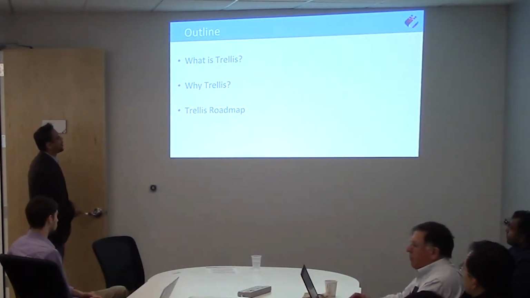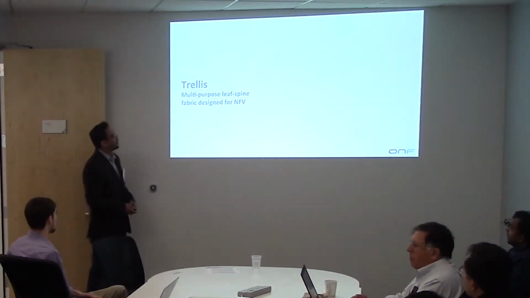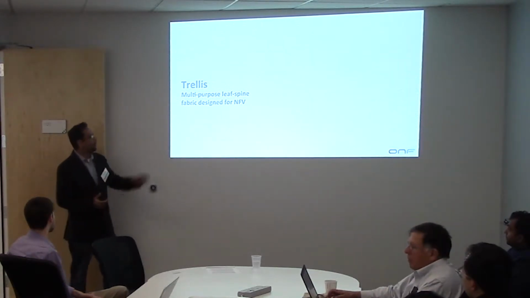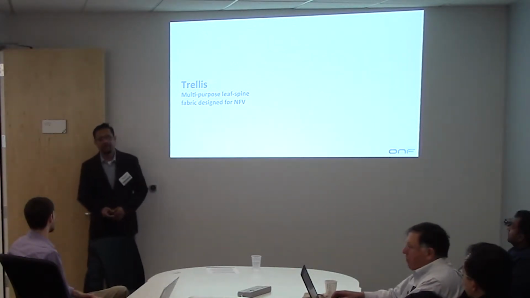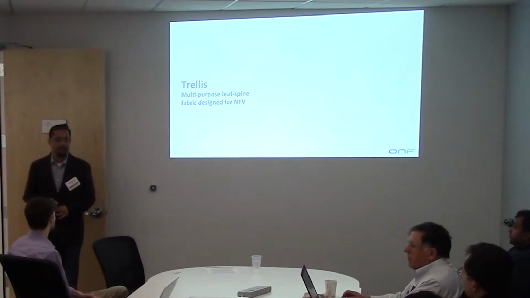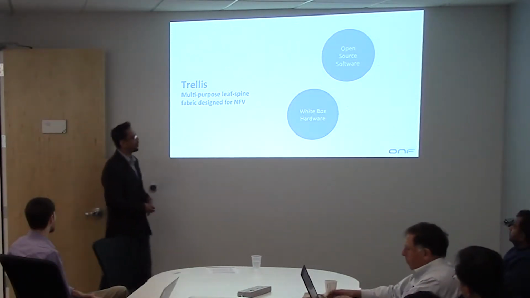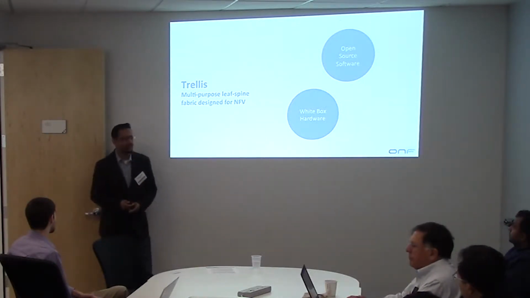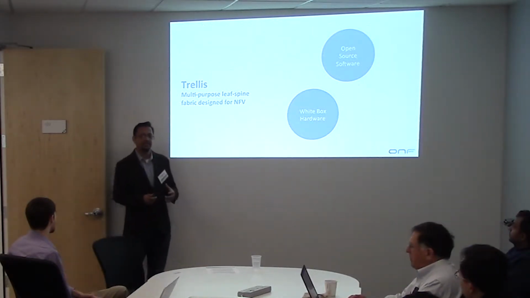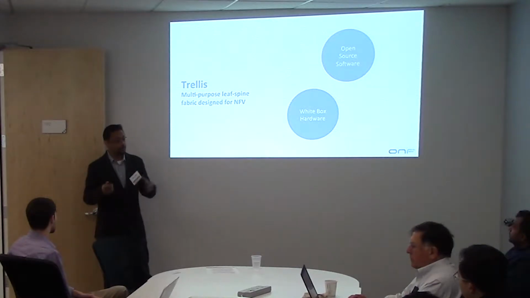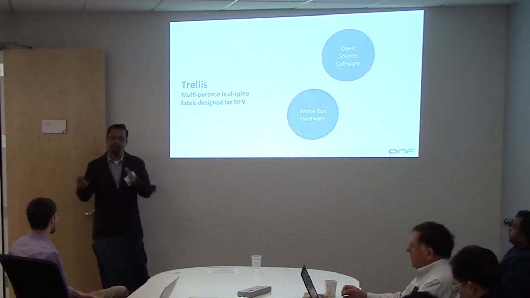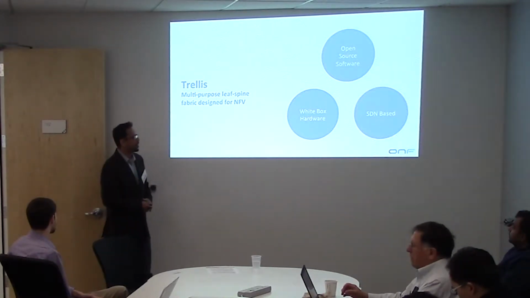Okay, so to jump right in, what is Trellis? We call it a multi-purpose leaf spine fabric that is designed for NFV. It takes open source software and white box, bare metal hardware, bare metal switching hardware built on merchant silicon.